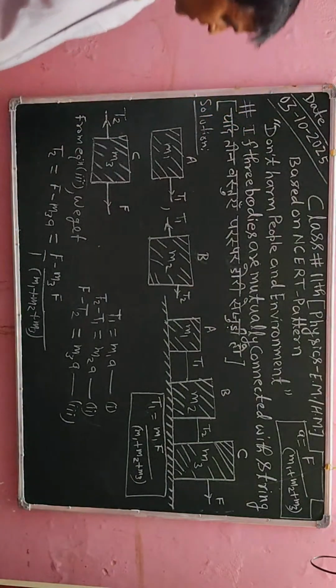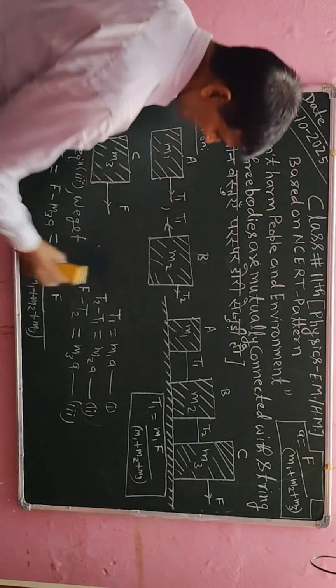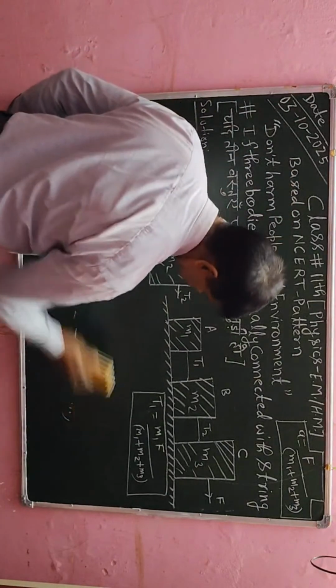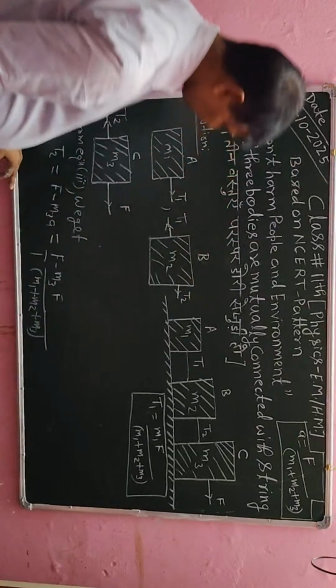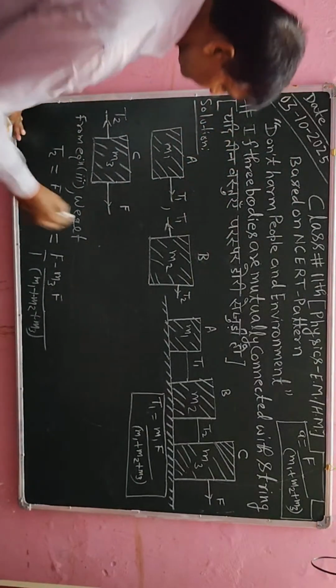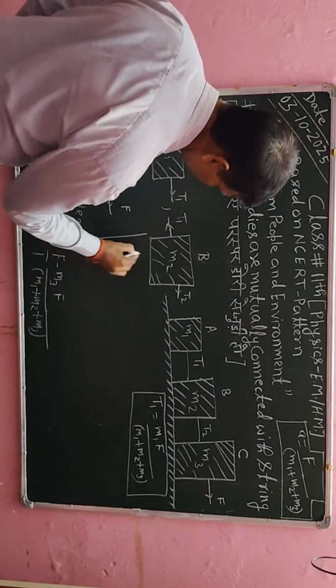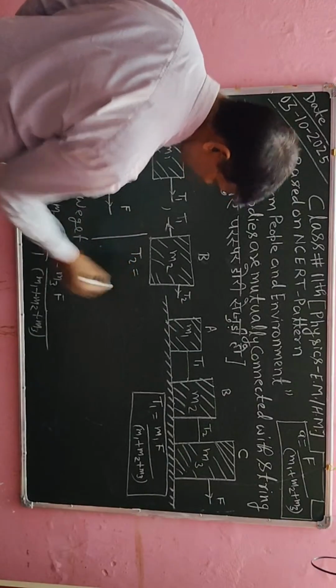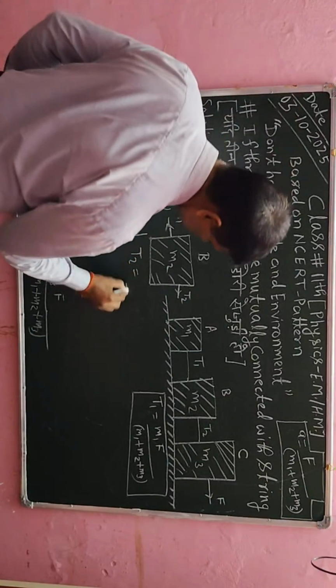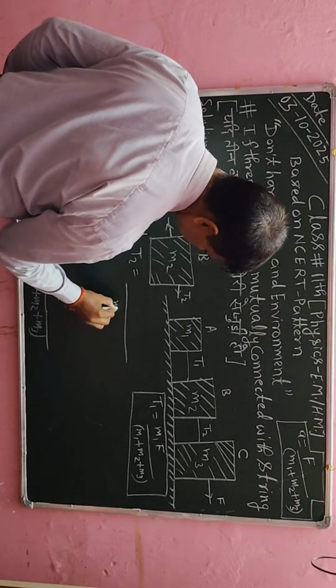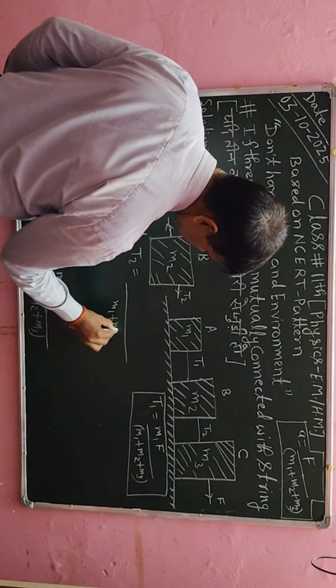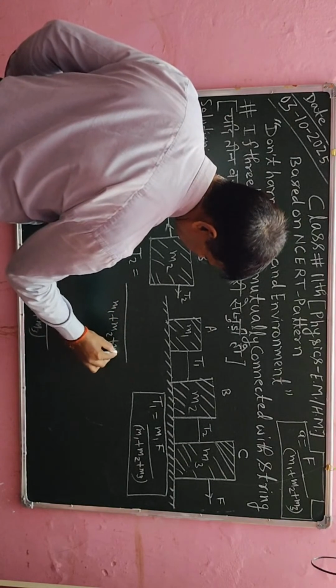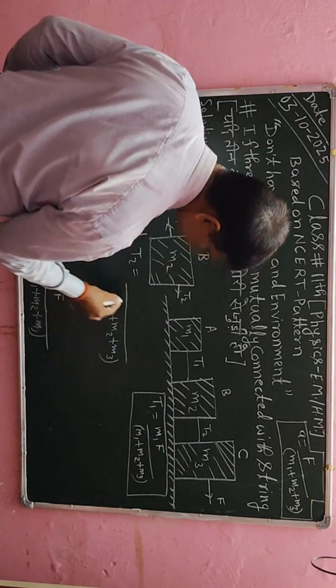Okay, further I will erase this data, and then I will simplify the information below here. So here I will say T2 is equal to, I will take the LCM, which will be M1 plus M2 plus M3. Here I have to write positively.